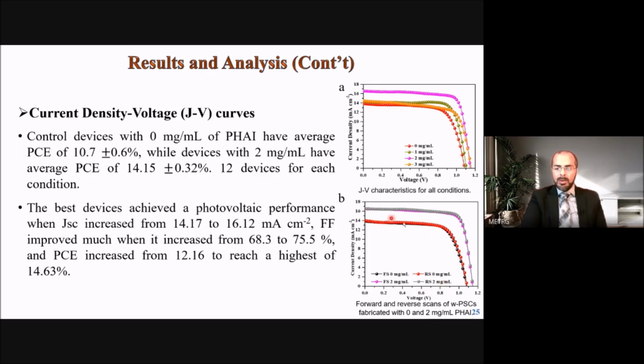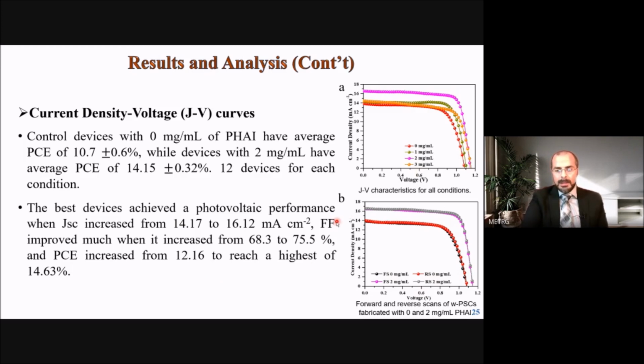So I have forward scan, reverse scan, forward scan, reverse scan for this cell, and that gives us this shape for JV curves. And from our characterization, we noticed that JSC, the current density, increased from 14.17 to 16.12 milliamps per centimeter squared.